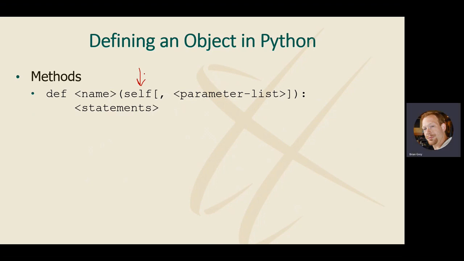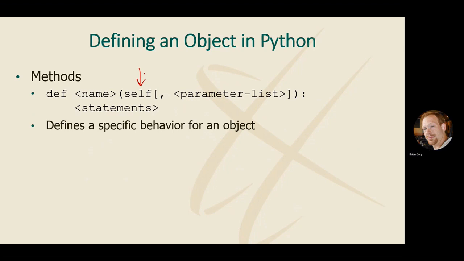So this is the structure for a method, which is designed to define a specific behavior of an object. Hopefully the name is very related to the behavior, but remember, the name only matters to humans. .append only means something to us. So if you name something append on the credit card and make it add $1 to the limit, okay, great, it works.